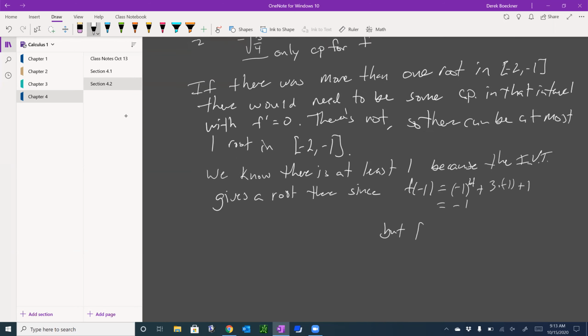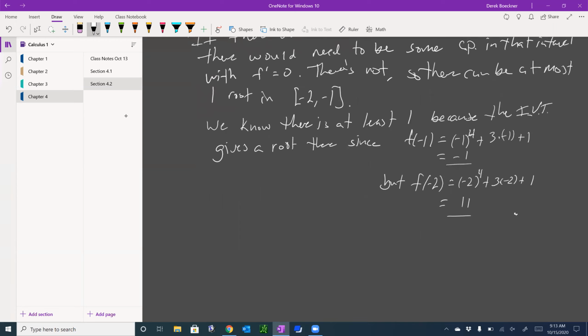But f of -2 equals -2 to the 4th plus 3 times -2 plus 1. That's going to be 16 minus 6 is 10 plus 1 is 11, right? So it switches from negative to positive inside that interval, so we have a root in there.